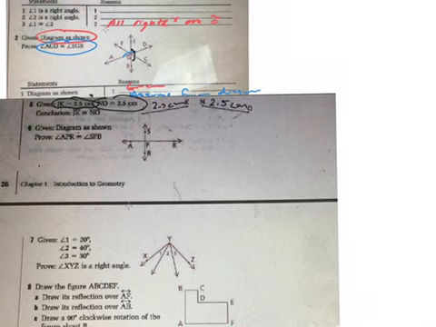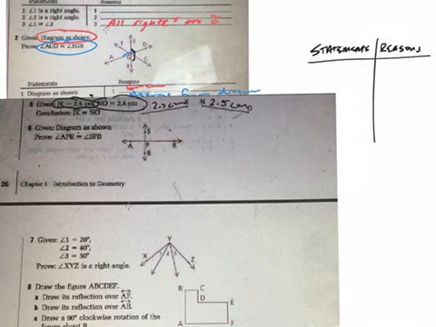And so my statements: I'm given that JK equals 2.5 centimeters, given, and O equals 2.5 centimeters, given. And I need to justify that these are congruent.